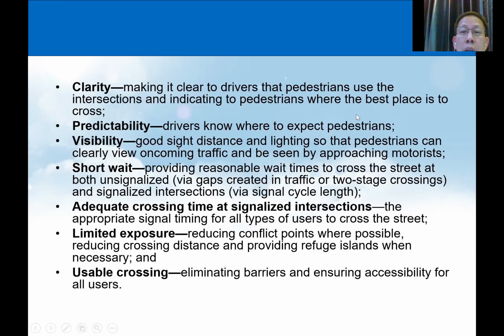That is the best place because every car should be behind the stop bar. Predictability: drivers know where to expect it. So it's not just pedestrians who know where to cross, but also drivers know where the pedestrians are.